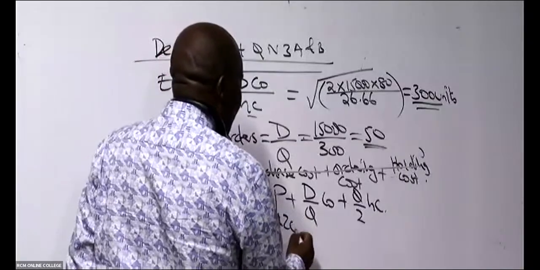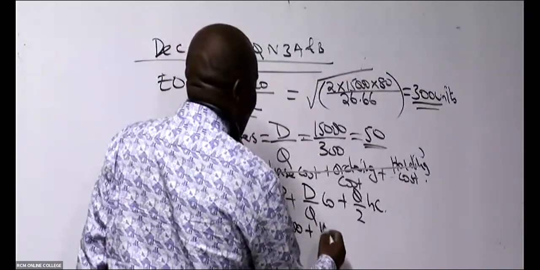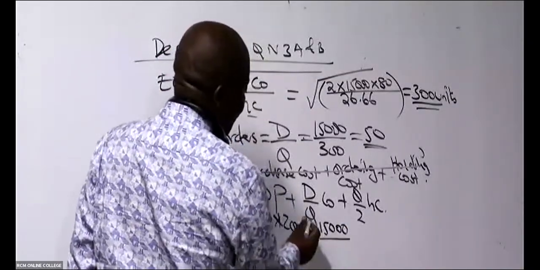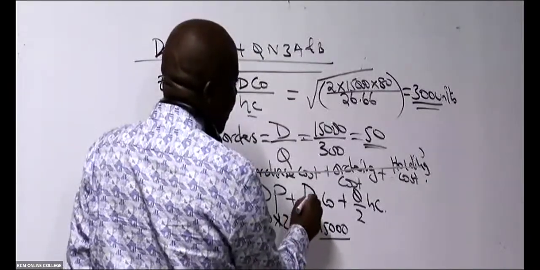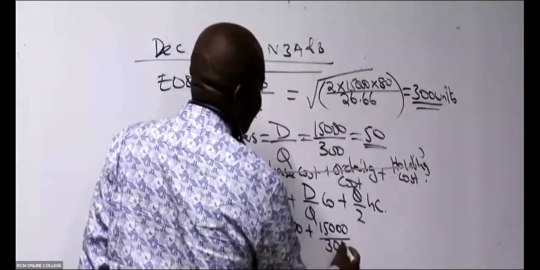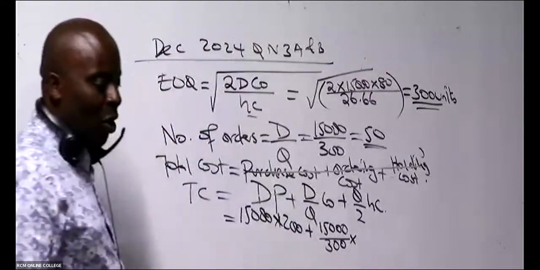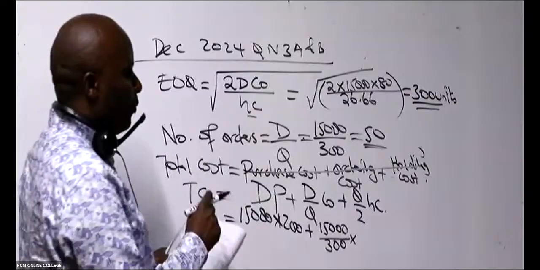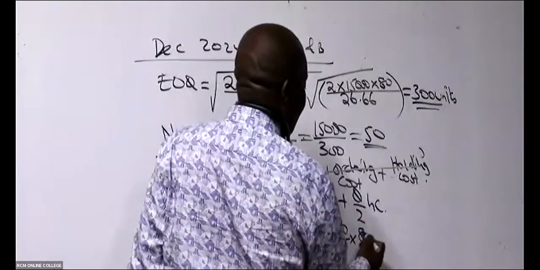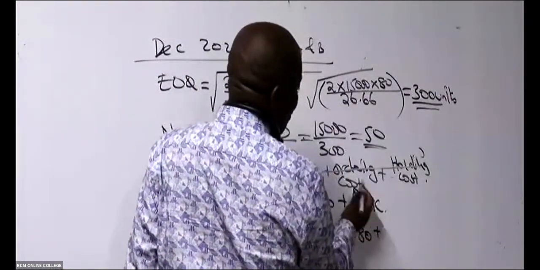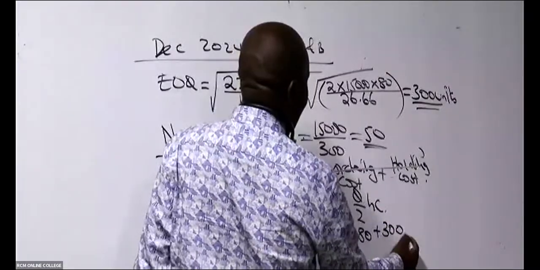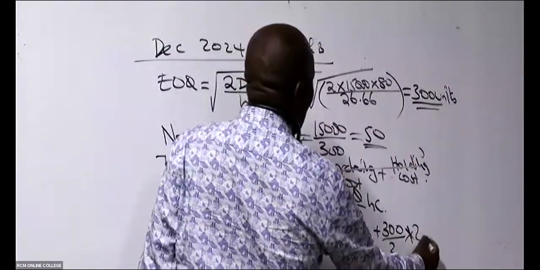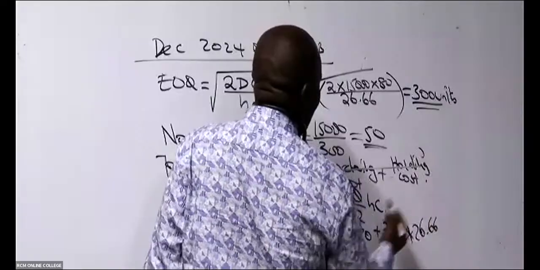The price is 200, plus the annual demand of 15,000 divided by our economic order quantity that we got as 300, times the cost per order. The cost for each order, you gave me a figure of 80. Plus EOQ again, 300 over 2, times our holding cost, which you gave me an ugly figure.